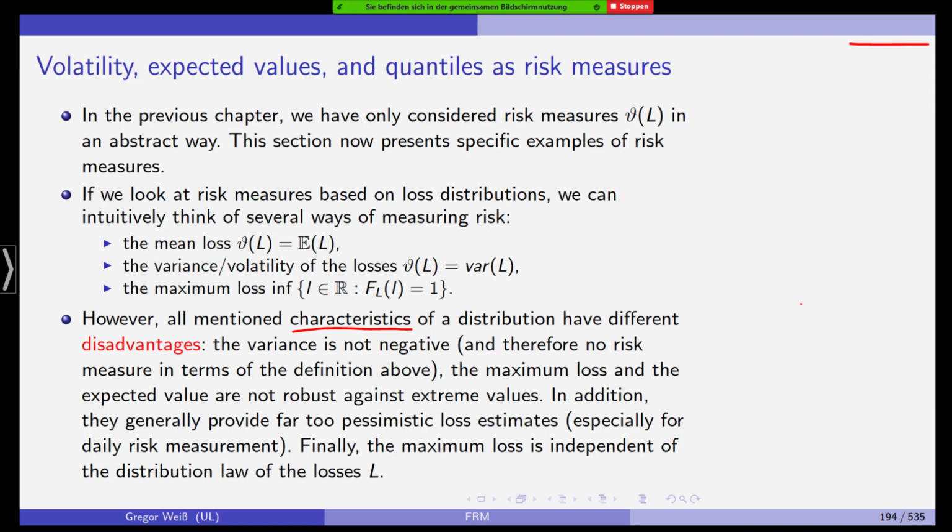Next, the maximum loss is quite extreme in the sense that, well, in the long run, we are all dead. We can lose everything, but this is something we can work with on a daily basis. That is, assuming that every day we can go bankrupt. We don't need risk management for that. The same actually with the expected loss.